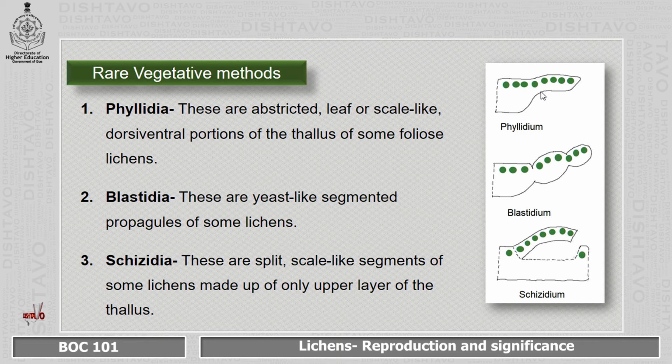The next is blastidia, which are yeast like segmented propagules of some lichens, and they are kind of budding out from the thallus. The next is through formation of syzygia. Syzygia are split scale like segments of some lichens made up of only upper layer of the thallus, as you can see in this image.